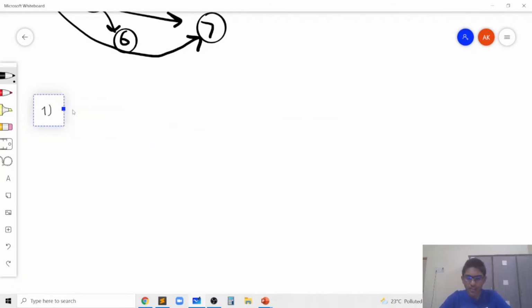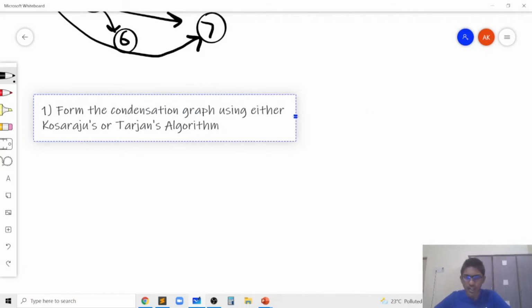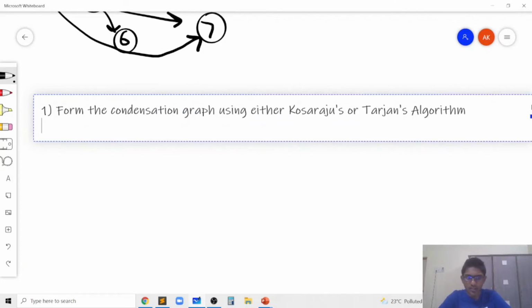The first step is to form the condensation graph by using either Kosaraju's or Tarjan's algorithm. This ensures that all the cycles are removed and that we get a directed acyclic graph. So it brings us to subtask 2.